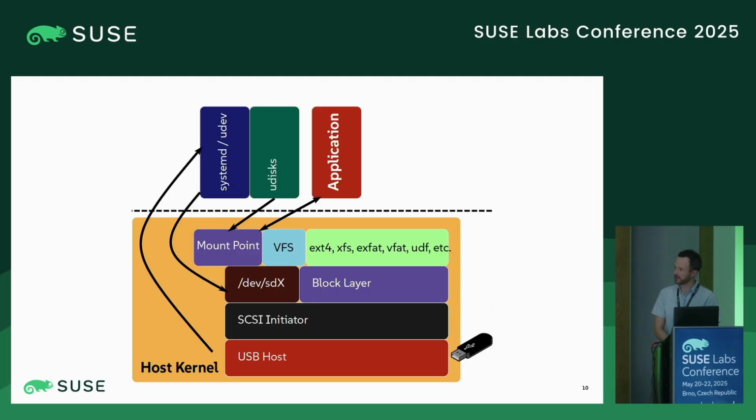So, a quick look at architecture, to compare how it looks between your regular host and lklfuse. We have the USB storage device plugged into the host. We get the udev event, which also notifies UDisks about this device.